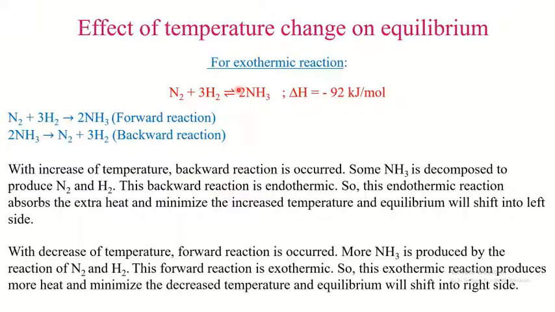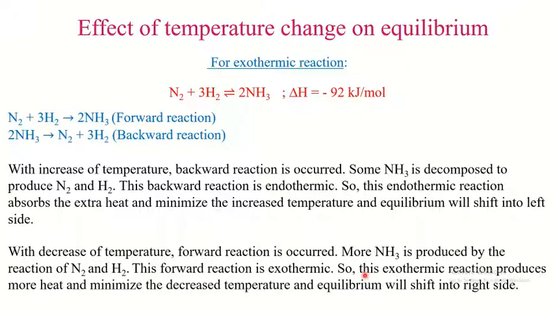How will the reaction produce heat? By occurring this forward reaction, because this forward reaction is exothermic and will produce heat so that the temperature will be increased again. So with decrease of temperature, the forward reaction occurs. Forward reaction means the production of ammonia.